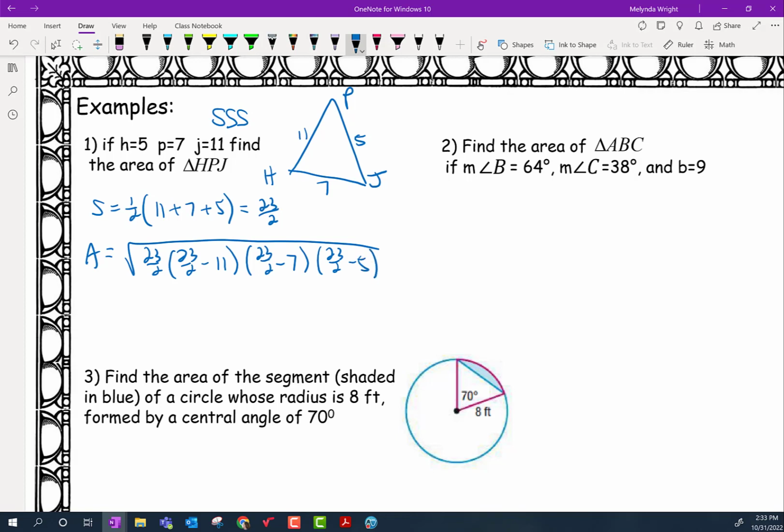Now we're going to go to our calculator and input all that. I just want to do that with you just to make sure we're comfortable. But that is the setup of the formula. Are there any questions about setting up the formula? We okay? Okay, so let me pull up my calculator.